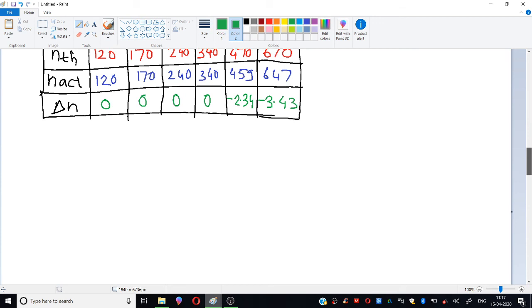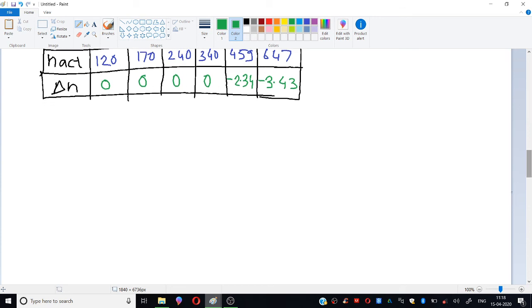We get the final deviation values through that formula. I'll show you one of them.